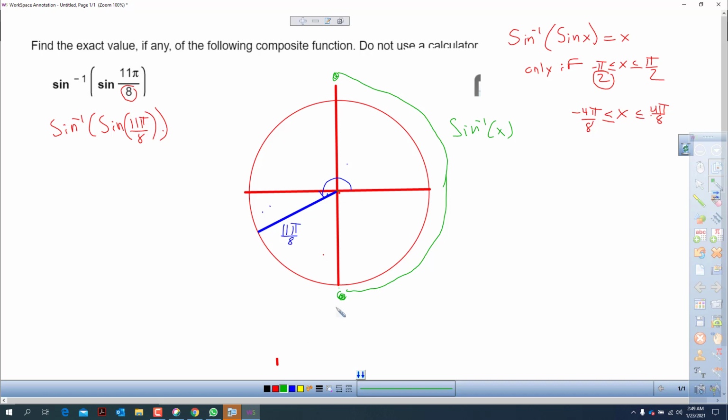Remember, in this half circle, you need to have negative pi over 2 to positive pi over 2, right? So what you do is, first of all, you need to get the reference angle.